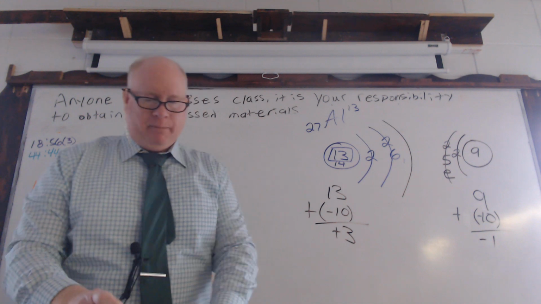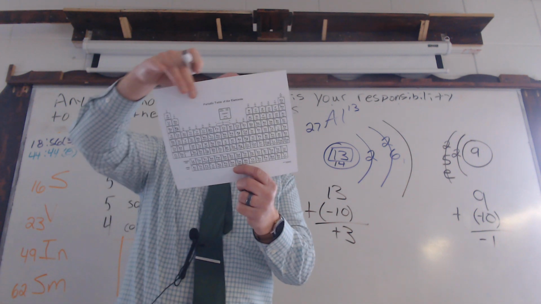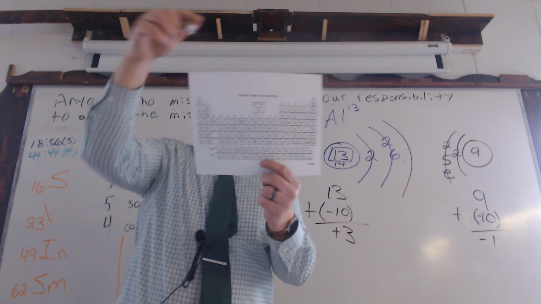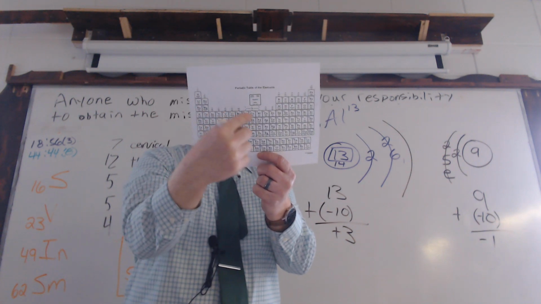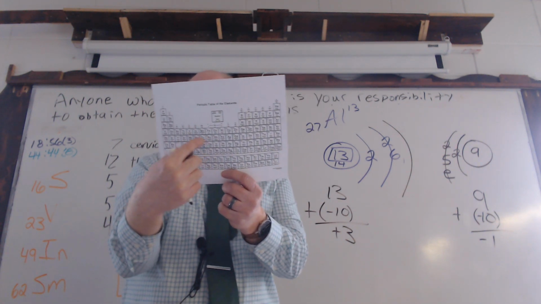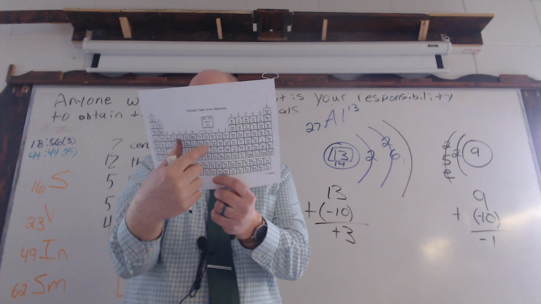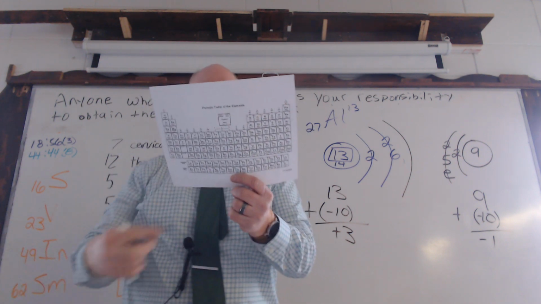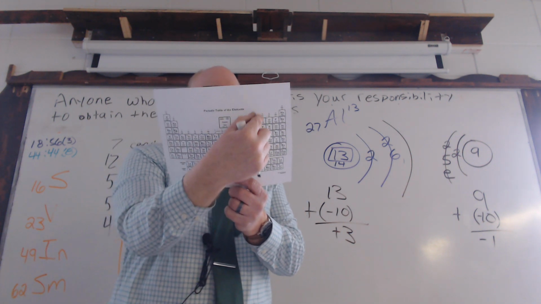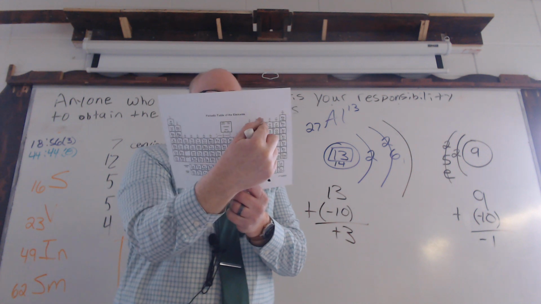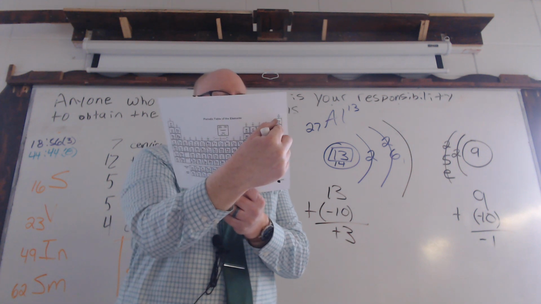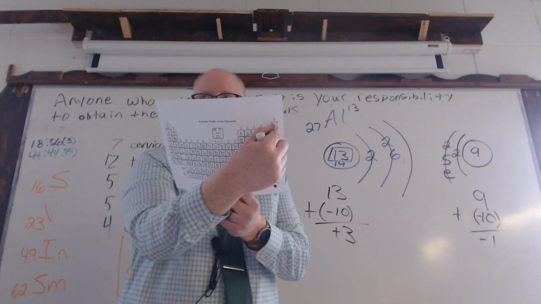-1. So keep in mind, metals, column 1, 2, all of these here, but we're not going to do those yet as Bohr models until we get to these. Column 3, 4, 5, 6, 7, and 8. If it's in column 5 and over, it wants to gain electrons.